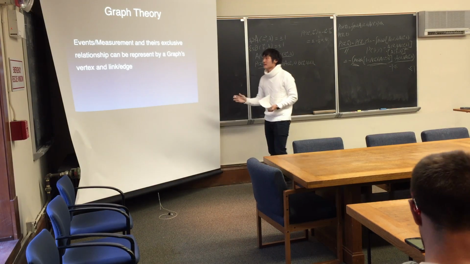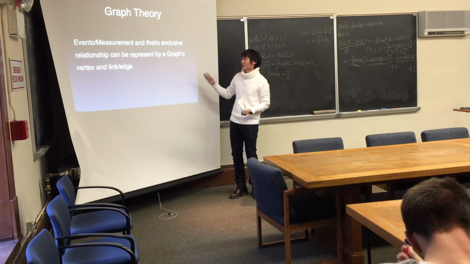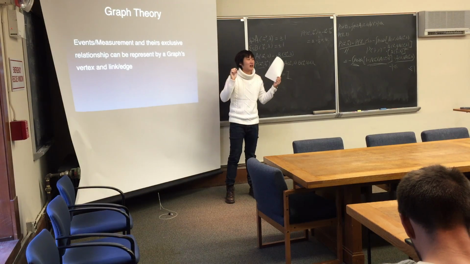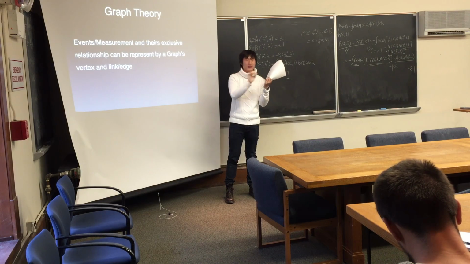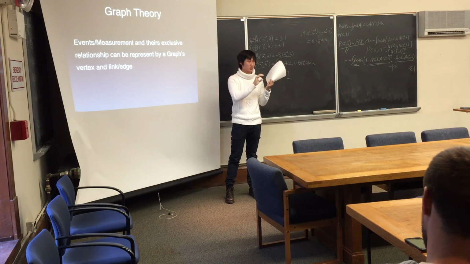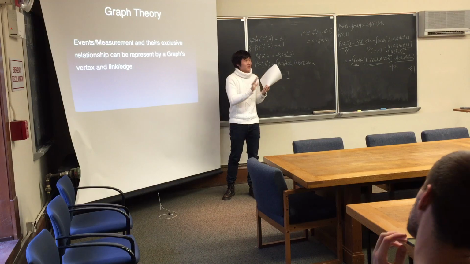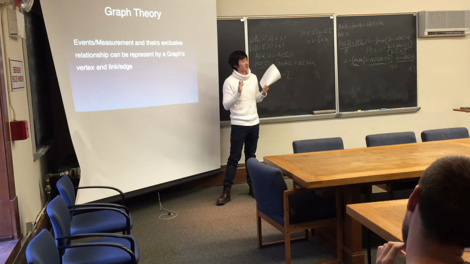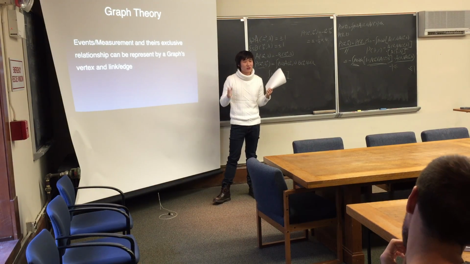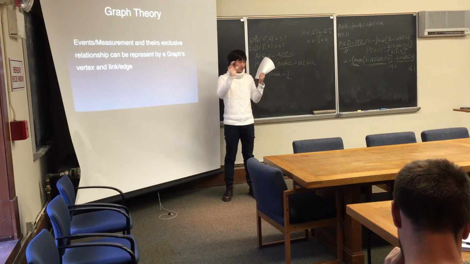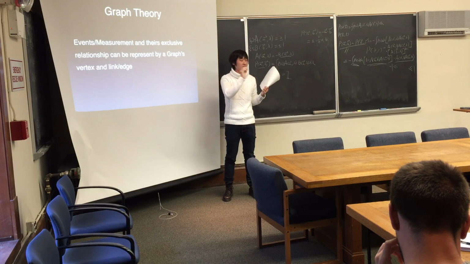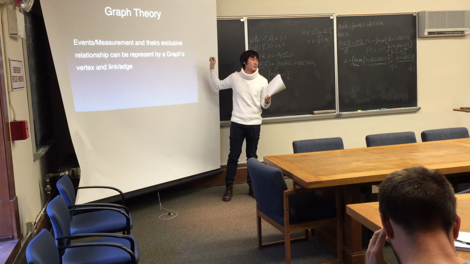And the point is, instead of assigning an edge when two events are correlated, that's not the idea we will use. What we really do is that if they are exclusive, we draw a line between them.